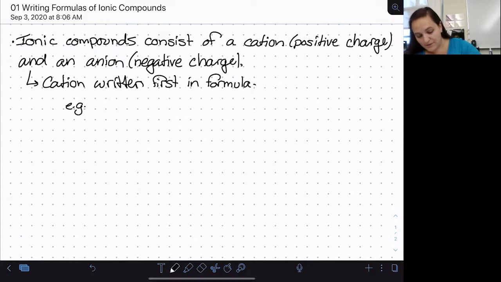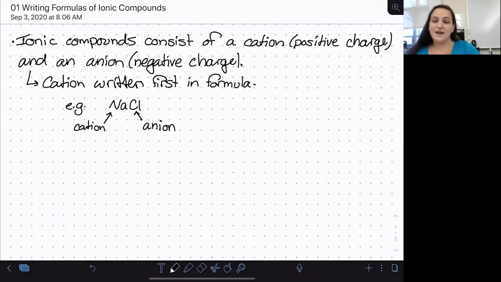For example, the most typical ionic compound we think of is NaCl, or sodium chloride. We put the sodium first because that is the cation, and we put the chloride second because that is the anion. That is always going to be the case.